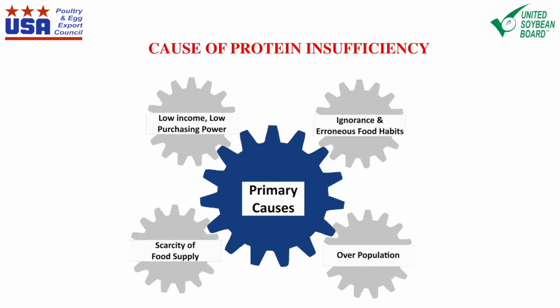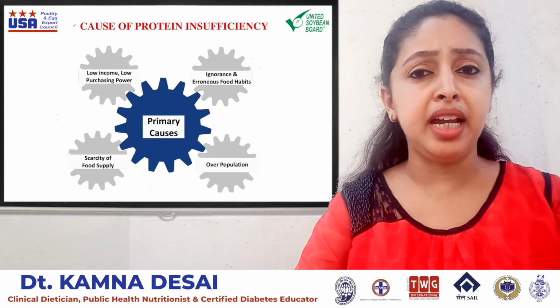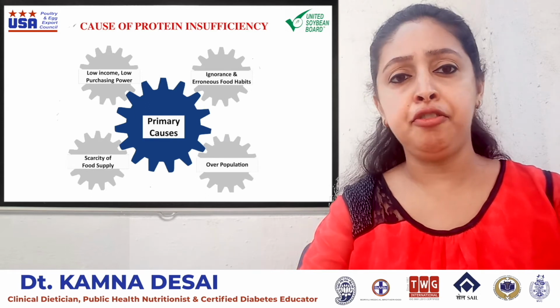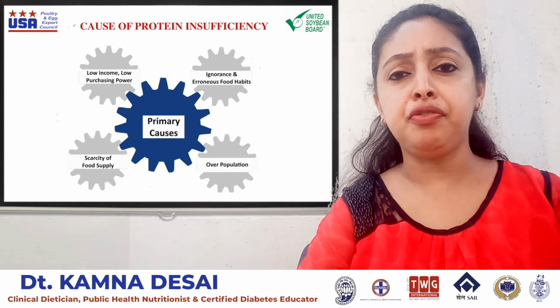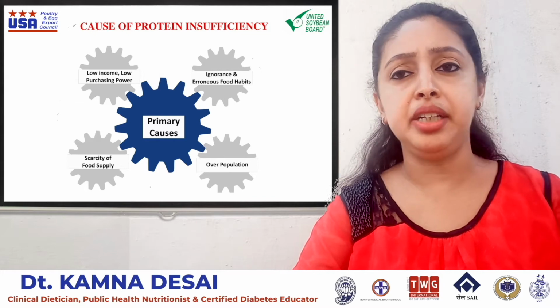Overpopulation simply leads to resource depletion. The fourth cause is scarcity of food supply. It could be because of droughts, famine, scanty rainfall, and other environmental factors. It could also be because of the availability of the same food products at a much higher price.